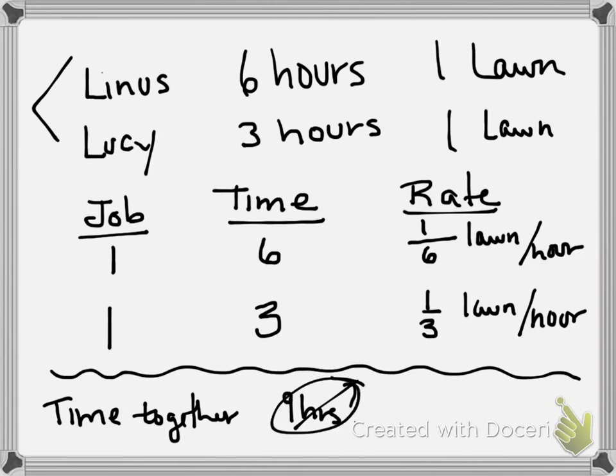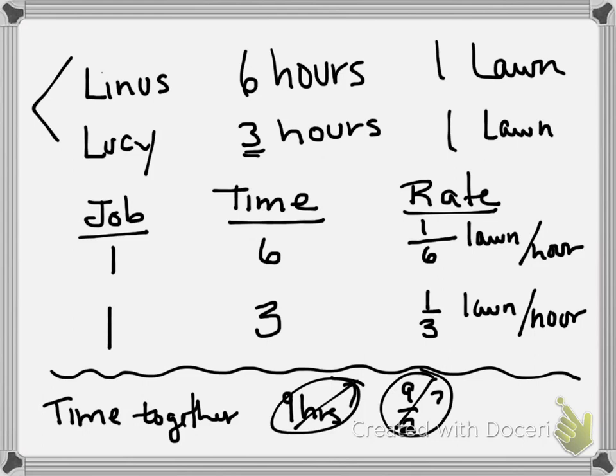Hopefully not. How about 6 plus 3? How about 9 divided by 2, like I take the average? Working together, it still takes longer than it does Lucy by herself? Well, that can't be possible either. So I know my answer has to be somehow less than 3.